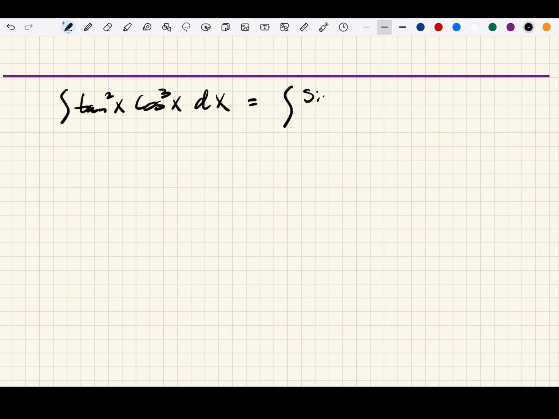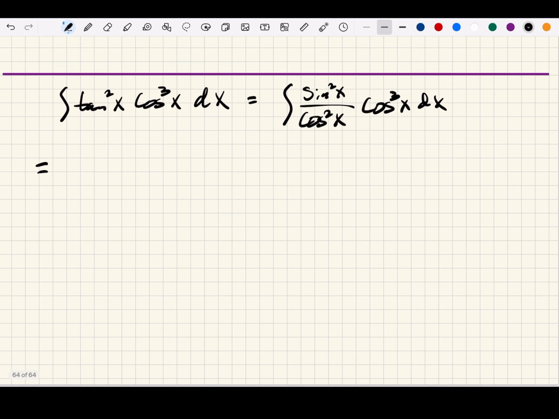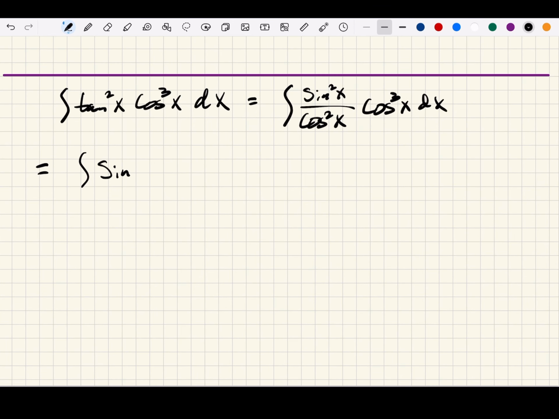So that's sine square x over cosine square x, and then cosine cube x dx. Great. So two of those cosines cancel with the two on the bottom. So what we have then is integral sine square x cosine x dx.